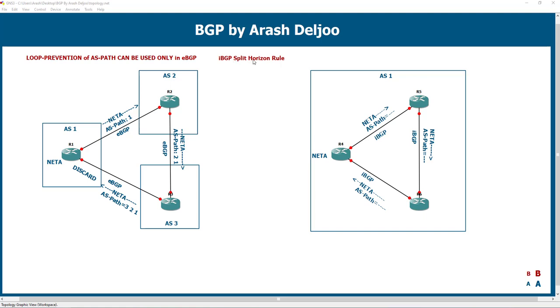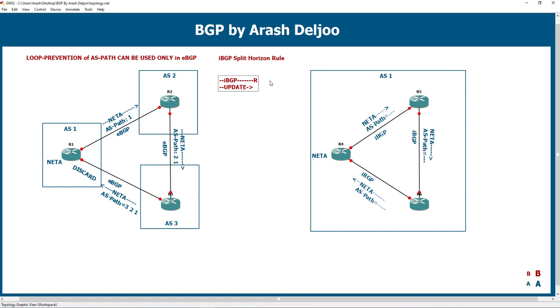The answer to this question is the iBGP split horizon rule, a rule to prevent loops in iBGP. How does it work? The rule is: when you receive a BGP update from an iBGP neighbor, you shouldn't advertise it to other iBGP neighbors.